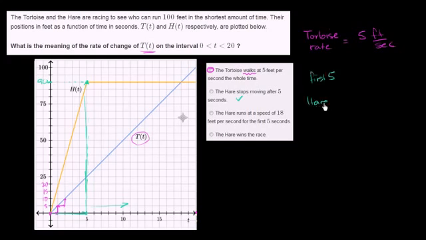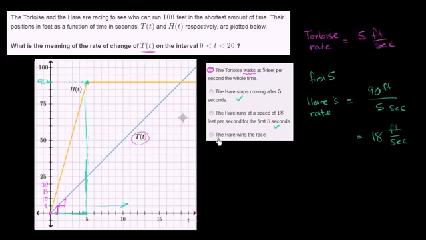You could say the average rate of change is 90 feet in 5 seconds. And 90 divided by 5 is indeed 18 feet per second. So once again, this third statement is true. It just doesn't apply to t of t. It's not addressing the question.